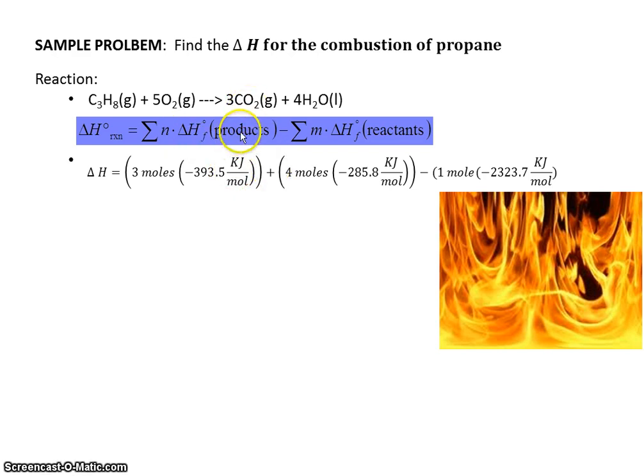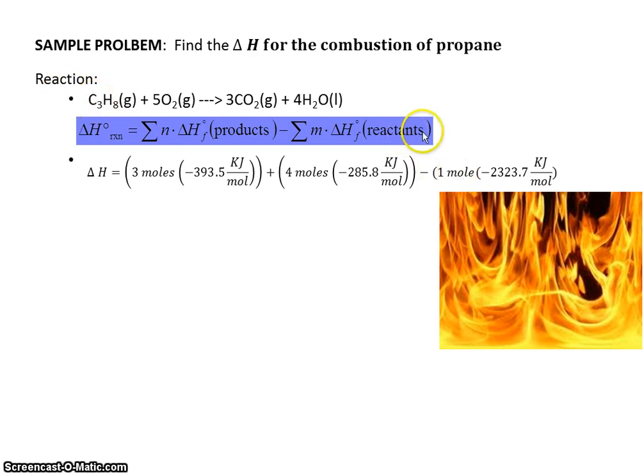Plus, because it's the sum of the products, plus 4 moles of the heat of formation of water, which we'd again look up. And we're going to take that entire term and subtract it from the sum of the heats of formation of the reactants.